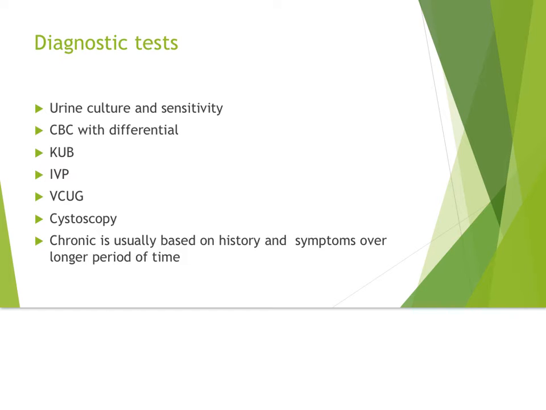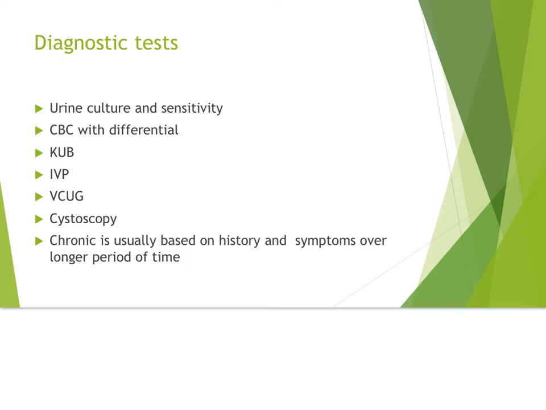And just remember, cultures usually take like 24 to 72 hours. So we often will do the urinalysis, but go ahead and treat with antibiotics based upon the fact that we know the majority of the times pyelonephritis is E. coli.